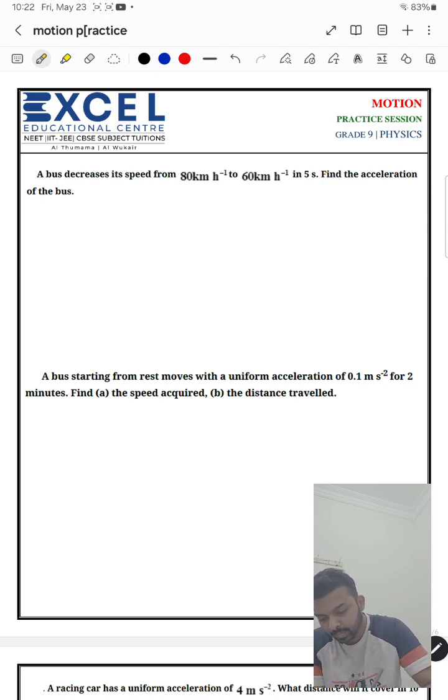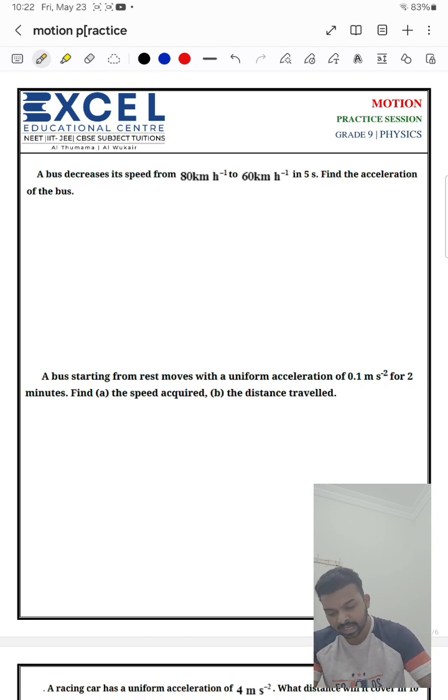There is a bus which is decreasing its speed from 80 kilometer per hour to 60 kilometer per hour in 5 seconds. Whenever we get a question, before we write the answer, just understand what is given in the question.